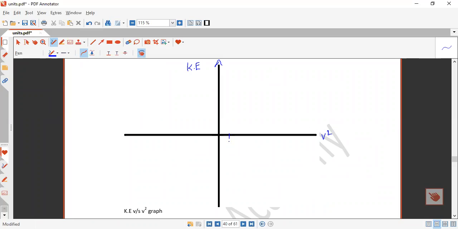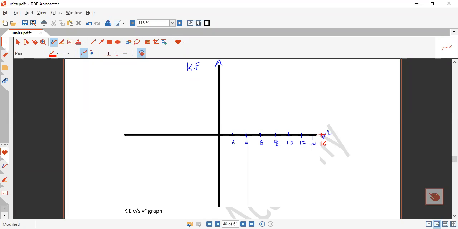So let's say this is 1, 2, 3, or instead of this, we can make it 2, 4, then 6, 8, 10, 12, 14, and somewhere here we have 16, right?